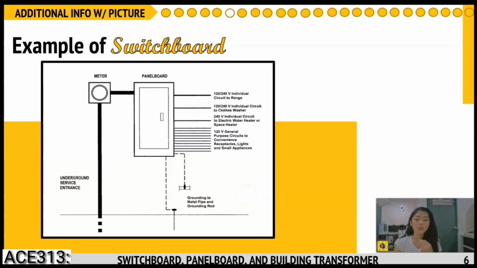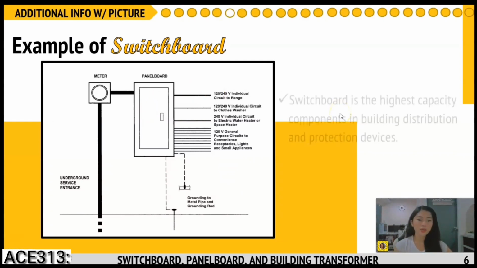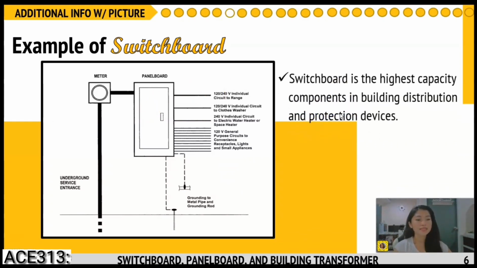Dagdagan natin yung kaalaman natin about switchboard kasi feel ko talaga na hindi kayo satisfied sa function lang. Gusto nyo yung maraming kaalaman, di ba? So, in this slide, we're going to tackle the additional information of a switchboard. A switchboard is the highest capacity component in building distribution and protection devices.